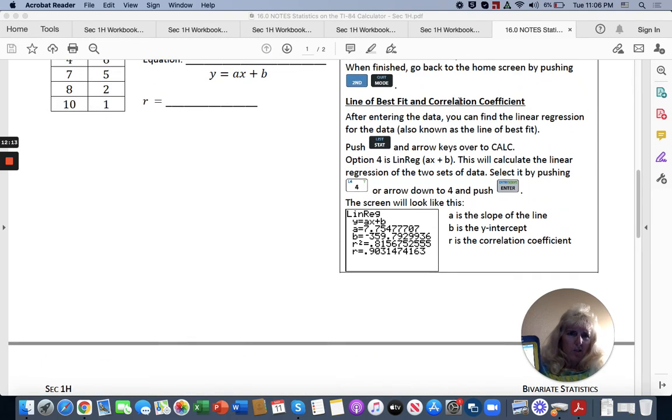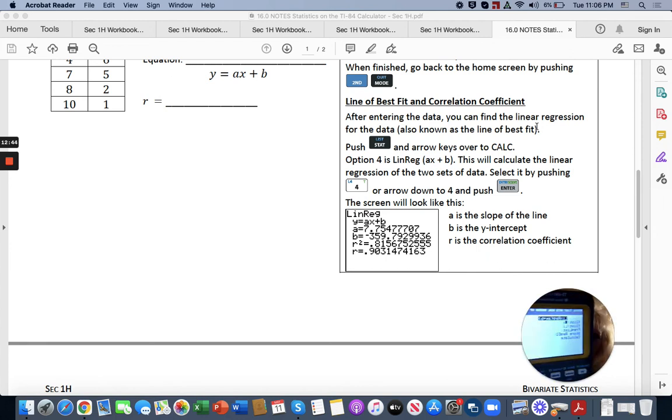So after you enter the data, we're going to find the linear regression, push stat and arrow over to calc. So here you have this. We're going to go to stat right here, stat, and then we're going to go over 1 to calc, and then we're going to go down to 4, or you can just put the number 4, the linear regression 4, and then scroll down to calculate.